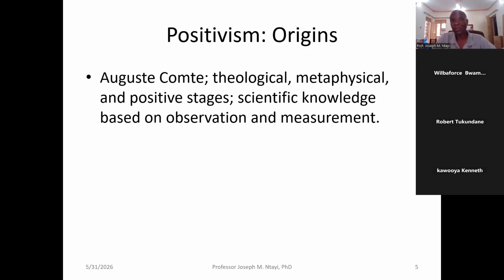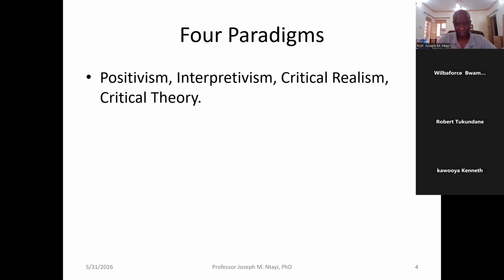So when you provide the statement of the problem, we should be able to see these ontological perspectives. It doesn't matter whether you are positivistic or based in other traditions, like the ones I have presented already, such as interpretivism, critical realism, or critical theory.